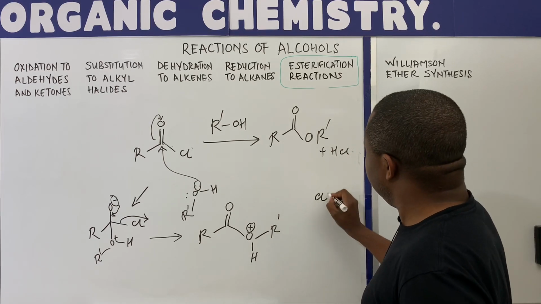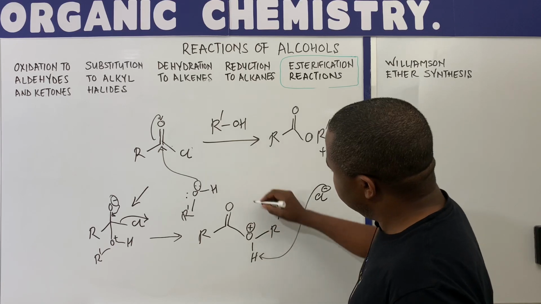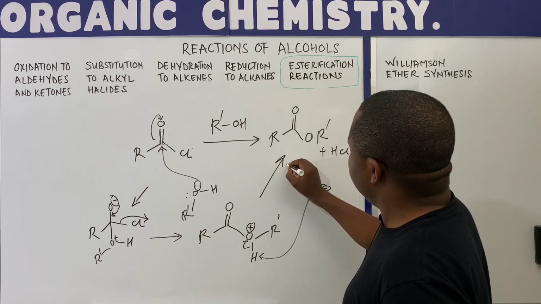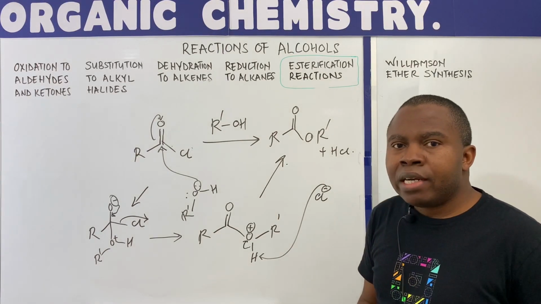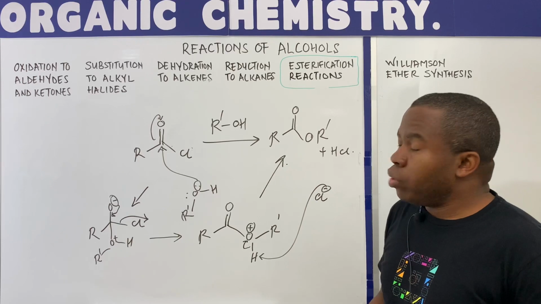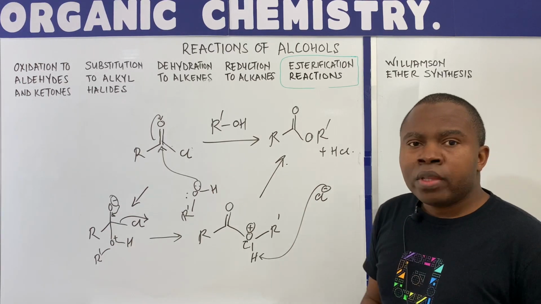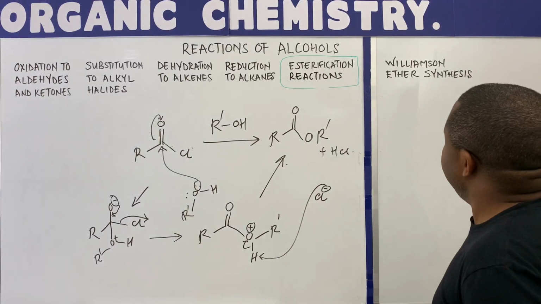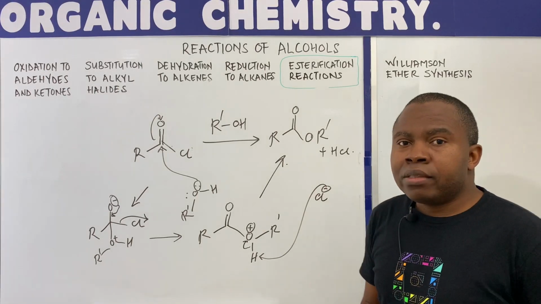And the chloride ion can then pick up the hydrogen atom, and this can neutralize this. So we form the final product. So that is how we can also convert acid chlorides to carboxylic ester using alcohols. The next one I'm going to be discussing is the Williamson Ether synthesis, and I will do that just in a moment.